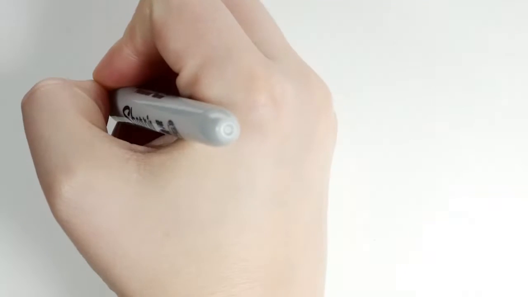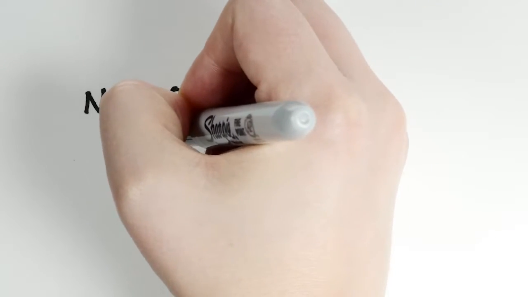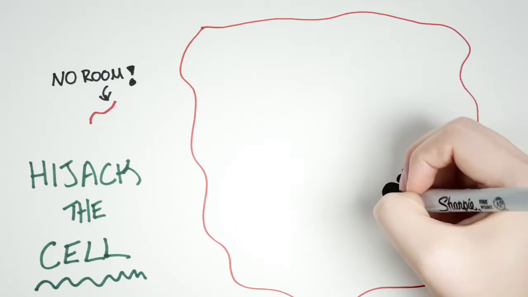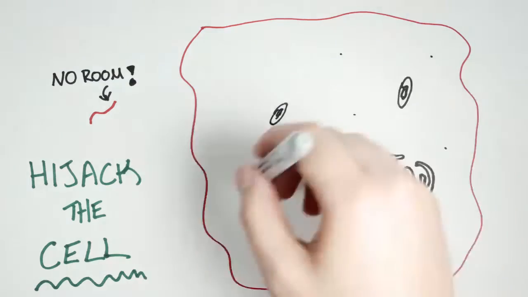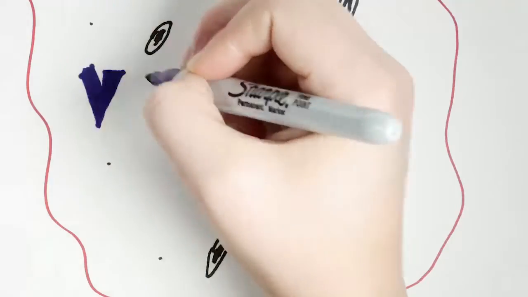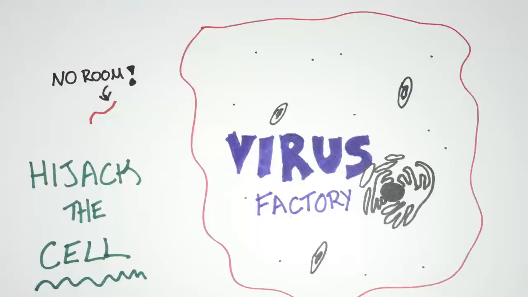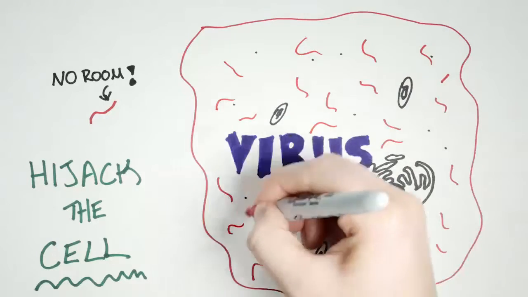Since the virus is so small, it doesn't have room to carry around the machinery it would need to reproduce itself. Instead, Ebola hijacks the machinery that the host cell uses to make proteins and membranes. Once Ebola has hijacked the host cell, it turns it into a virus factory. These virus factories work as hard as they can to churn out copies of the virus.